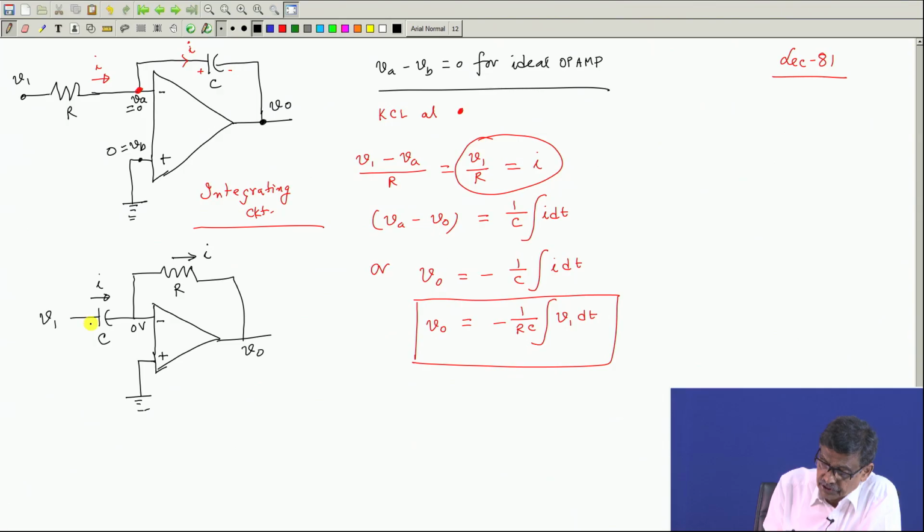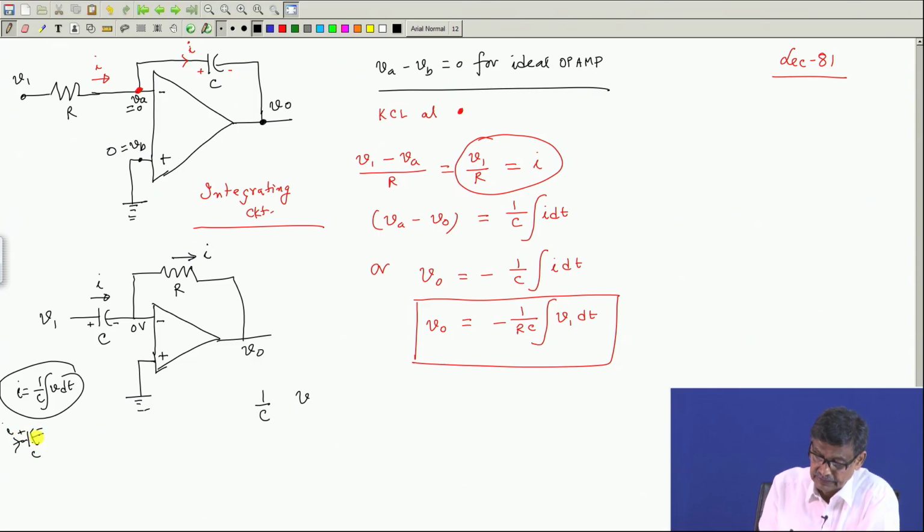It will be the potential of this point with respect to this, that is V 1, over C. I is equal to C times the derivative of V, is it not? This is the rule for the capacitor. If this is I and this is the voltage V, that is the rule. So, what is the voltage of this point with respect to this? V 1.